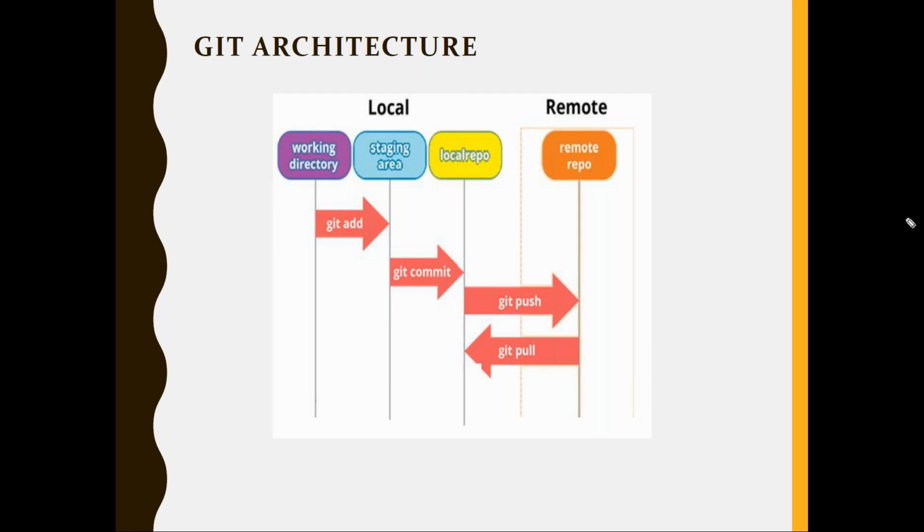A local repository is nothing but a copy of your remote repository which resides on your local computer. I'm repeating again: a local repository means a code base which resides on your local computer. This can be created in two ways. Like I said, you are a new joiner to the project. The project is already there on a remote shared location.